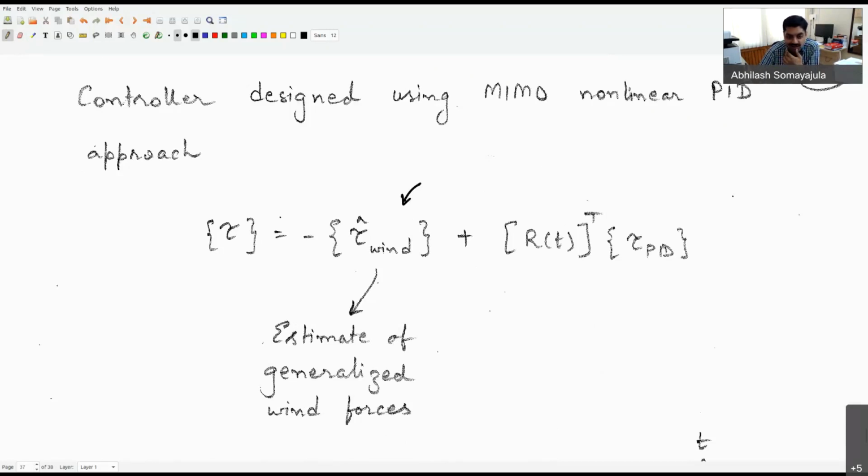And then we have the other part, which is the rotation matrix transpose times the PID controller. Again, you'll notice that this is R here instead of J, because we are looking at a 3 degree of freedom system. When we looked at the generalized control law, we had the J matrix there, which gets reduced to the R matrix when we are looking at a 3 degree of freedom system.